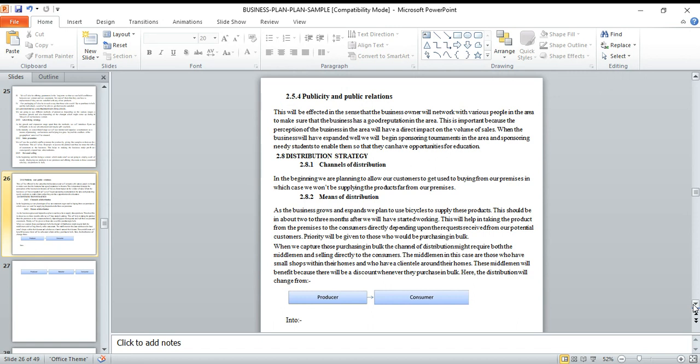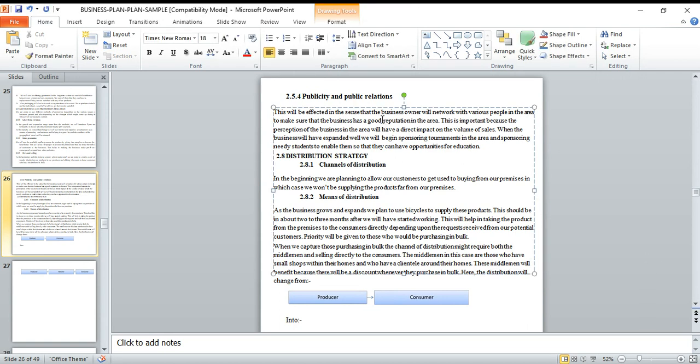Publicity and public relations. So how will we do this under marketing? This will be effective in the sense that the business owners will network with various people in the area to make sure that the business has a good reputation in the area.